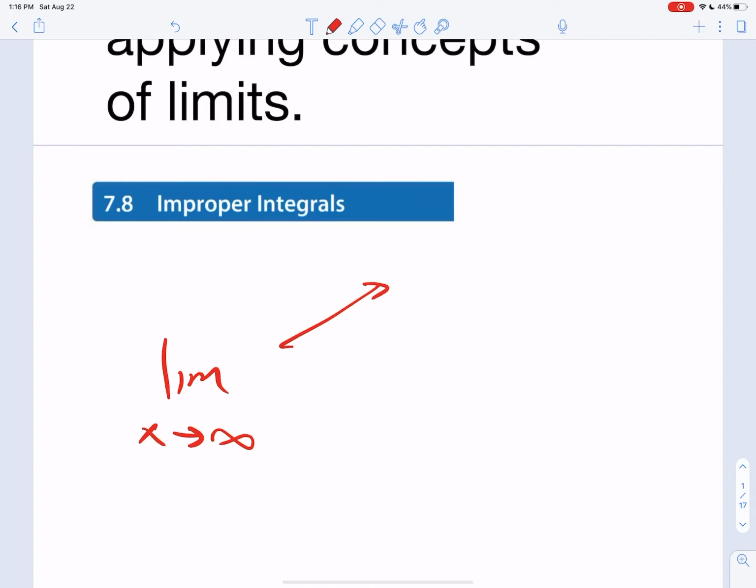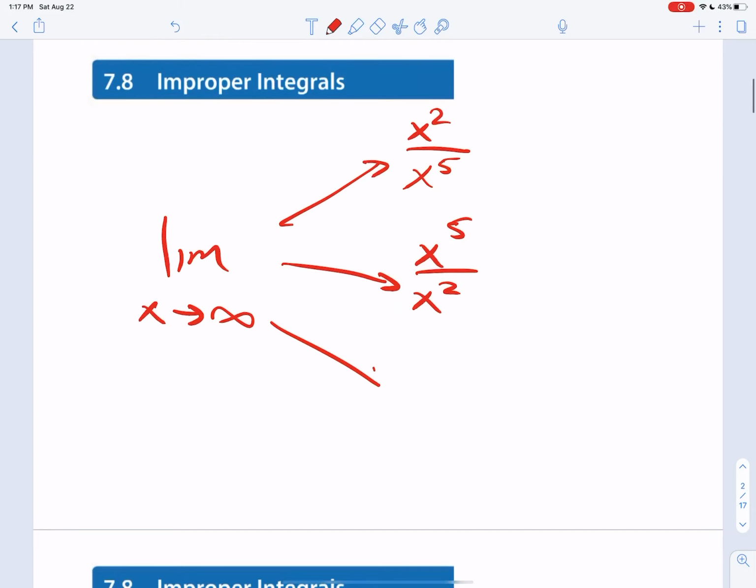Now, what if we took the limit of x squared over x to the fifth as x goes to infinity, right? What happens there? What if we take the limit of x to the fifth over x squared as x goes to infinity? And what would happen if we took the limit of 6x squared over 3x squared?